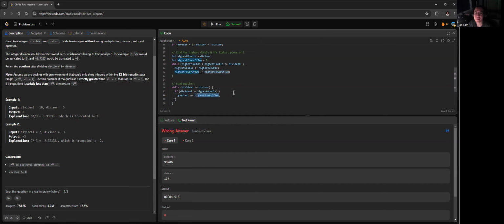Every time we double up the divisor, we also double up the power of 2. If the dividend is larger than or equal to the highest double, we add the result, and then we need to subtract the highest double from the dividend so that we get the new remaining.